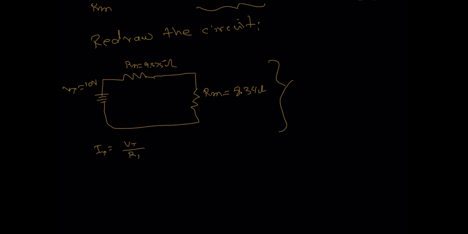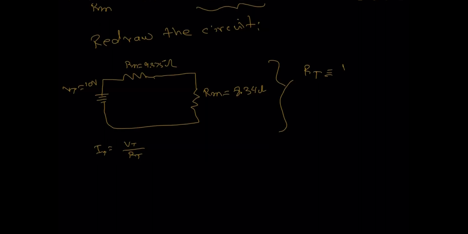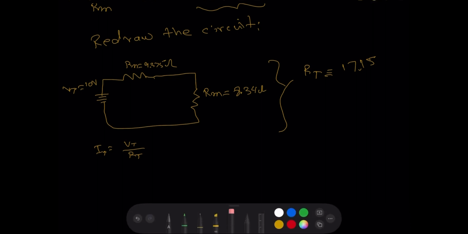To find RT in this circuit, since it's a series circuit, we can simply add them together. 8.34 plus 9.375 gives me 17.715. Okay, something is not right with my pencil.